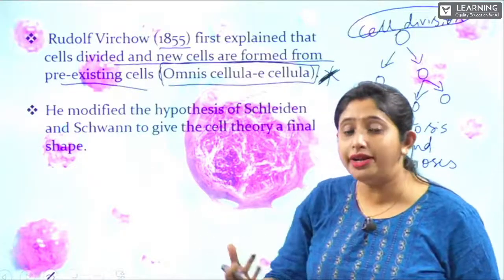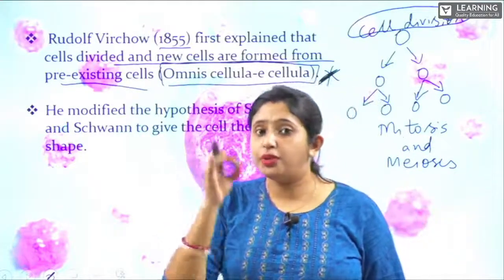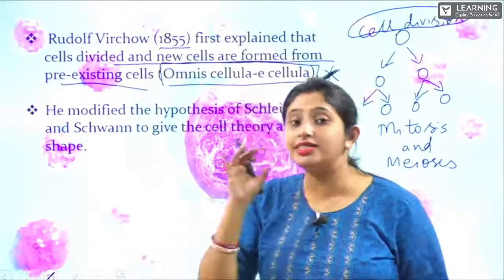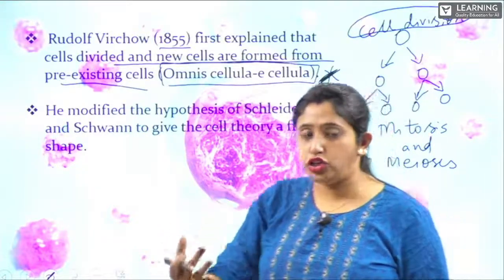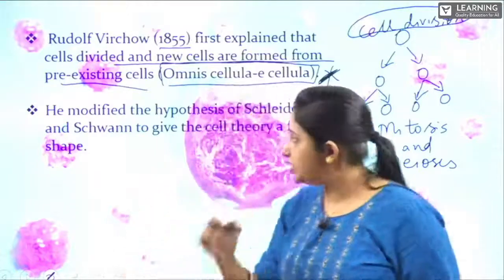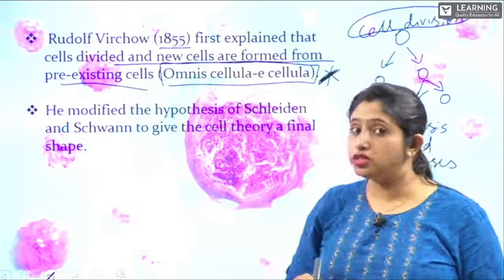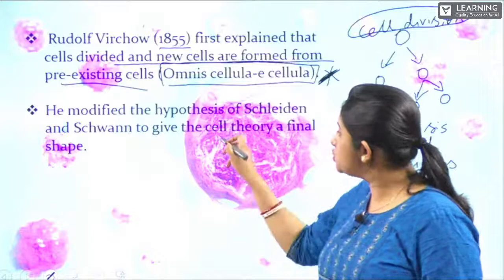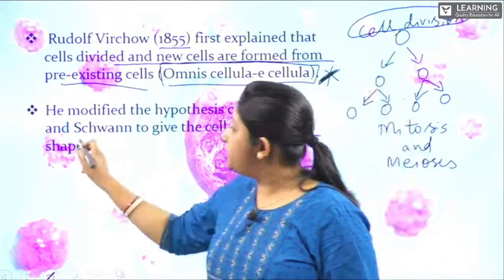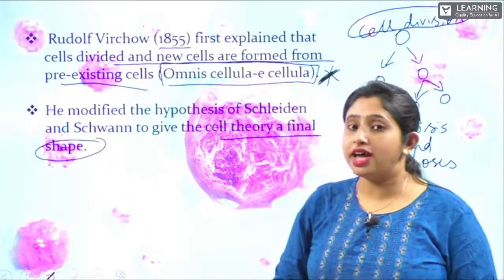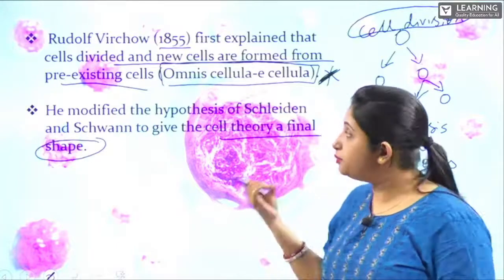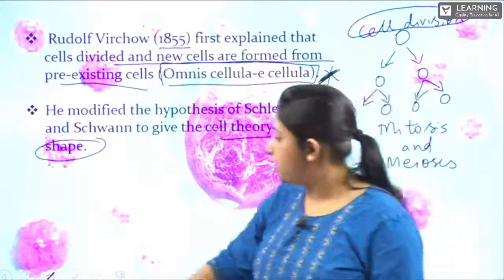He talked about how cells arise from the pre-existing cells, and the cells undergo division. So he modified the hypothesis of Schleiden and Schwann and gave the cell theory a final shape. He is the scientist who has modified the cell theory.